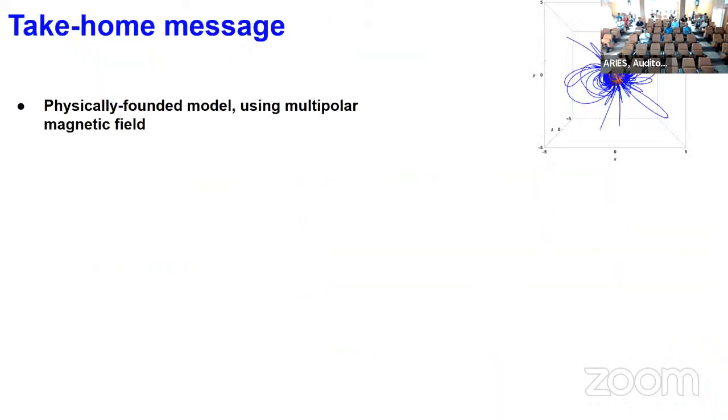And if you have lost me at some point, or you're like, what has this tiny human being been rambling about, I have 3 sentences of take-home messages for you. You just listen to these and you can go home feeling like you had a productive seminar. So what we are doing is we have developed a physically founded model which implements a multipolar magnetic field.